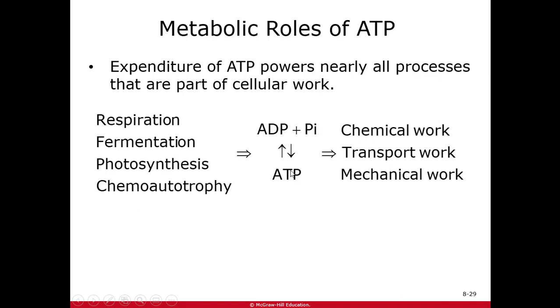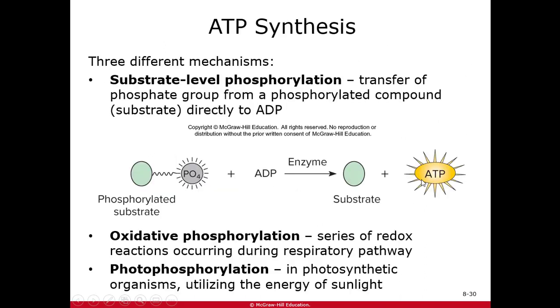Now, adding that last phosphate on is called phosphorylation. It's taking energy that was made somewhere else in the cell, whether it was from breaking something else down, or, depending on the cell itself, from some type of photosynthesis or light energy, but it's taking that last phosphate group and adding it to ADP. And it's just phosphorylation.